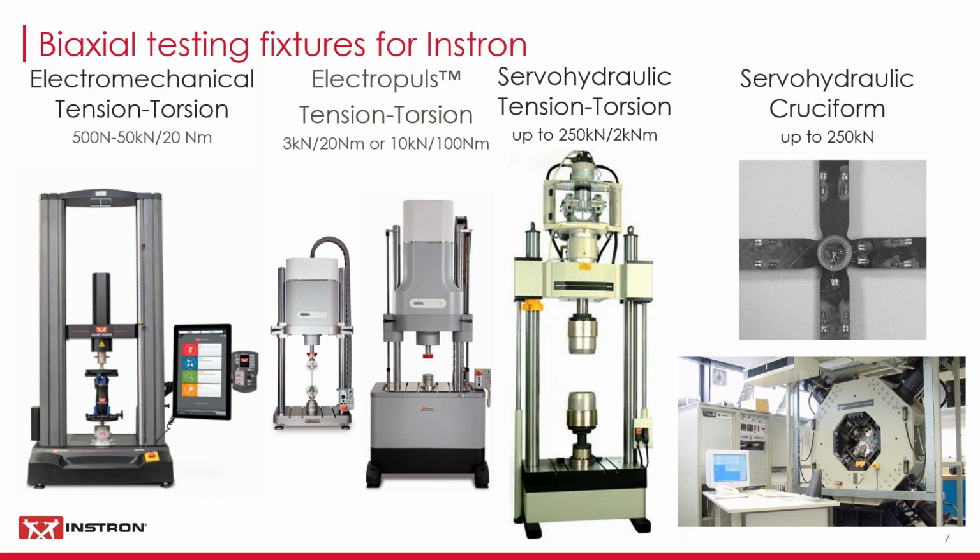So here we're looking at orthogonal stresses and strains. And typically, a machine like that is composed of 4 actuators. You can see the machine in the bottom right-hand corner. 4 actuators, working in synchronized mode. So each pair of actuators is applying a symmetrical deformation, so the center of the specimen stays in the center of the machine.